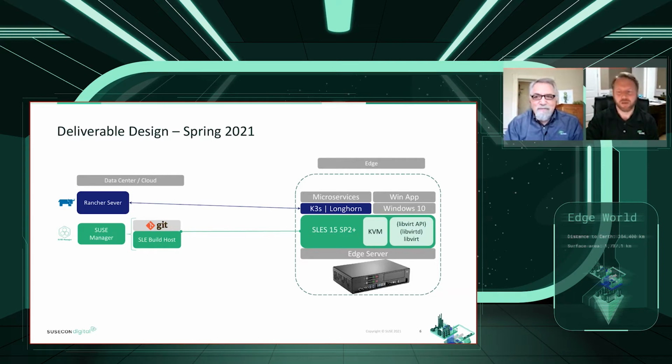I mean, it could be a far edge, right? A far edge might be incorporating something else that's missing in this design, and that is a SUSE Manager proxy, right?